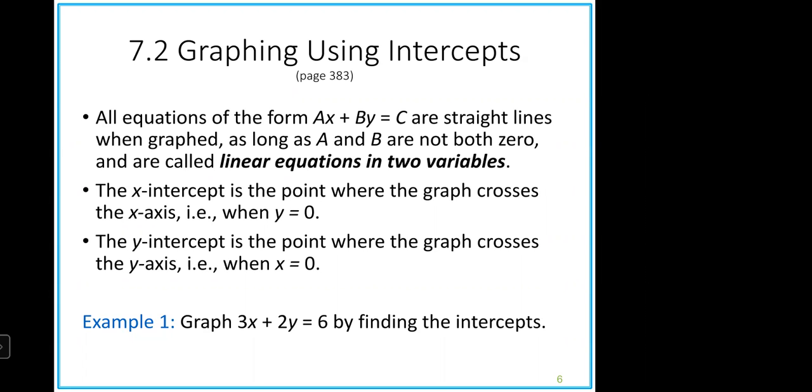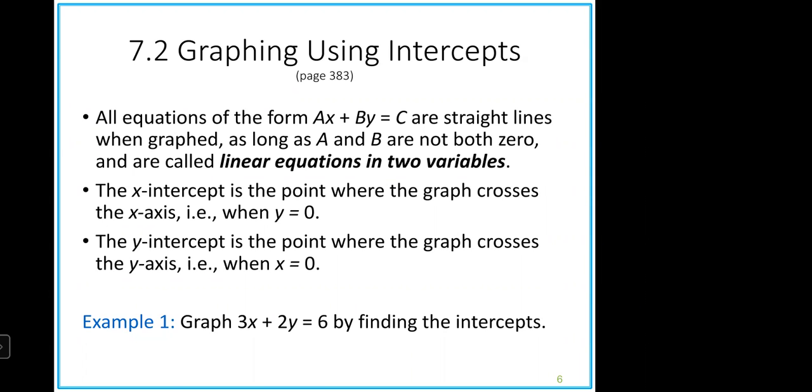So we're starting at page 383, if you have the textbook, and on that page they make reference to graphing using intercepts. It says that all equations in a particular form, ax plus by equals c, produce straight lines.